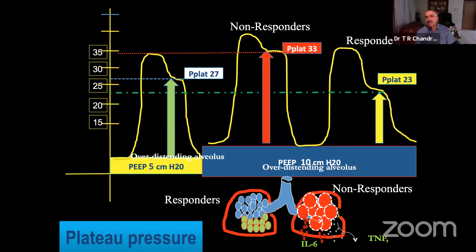So obviously, a plateau pressure is indicative of what is happening at the alveolar level. I want you to conceptualize that if the plateau pressure goes up when you increase either the tidal volume or PEEP, this is what is happening to the baby lung. If the plateau falls, you are recruiting or opening up new alveoli. These patients survive better than these patients. This is what you have to visualize when you are standing and doing these maneuvers in front of the patient.